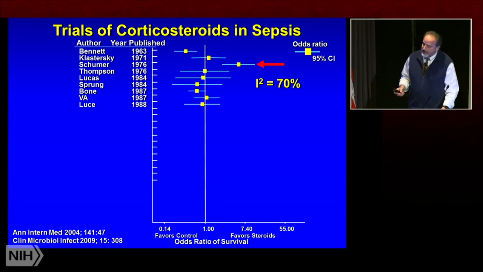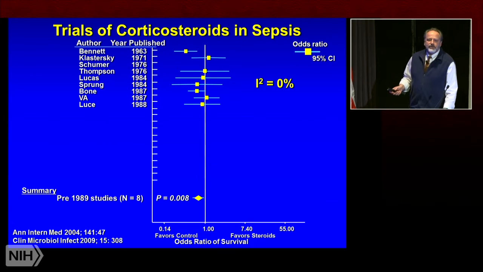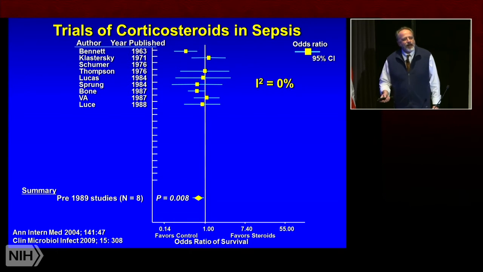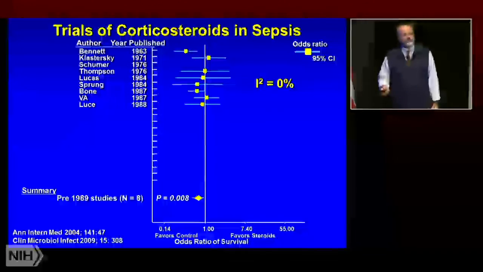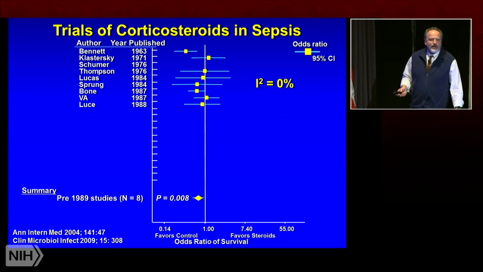We started using these high doses of steroids. But if you exclude this study, which was done very differently, these were all mostly multi-center randomized controlled trials, the I-squared goes to 0. The variability goes away, and you find actually that high-dose steroids, short courses, actually is harmful.